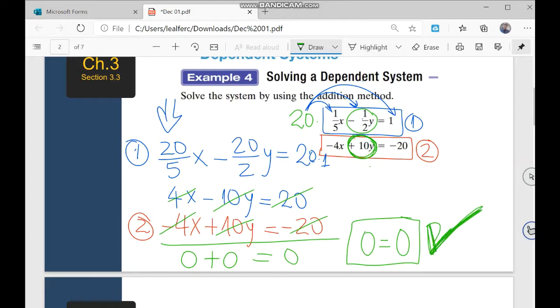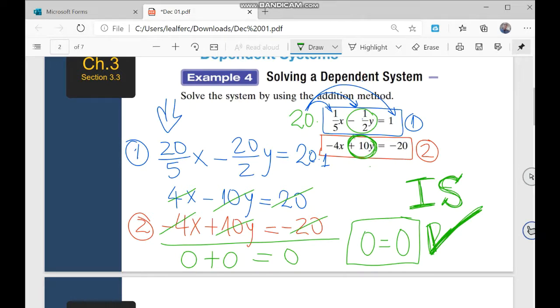When you have a true statement like that, you're going to have infinitely many solutions. Any x and any y, any value of x is going to solve this equation. So you have infinitely many solutions. This is the case of the dependent system.